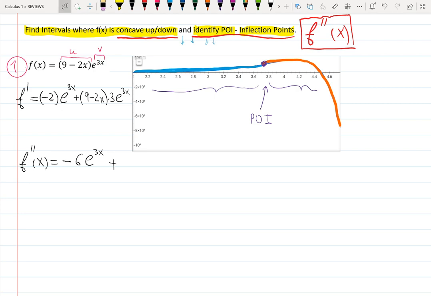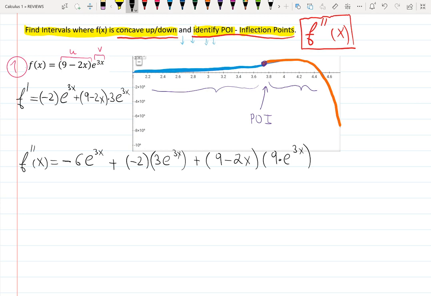For the second part, you need to perform the product rule again. Derivative of 9 minus 2x is again -2. Copy 3 e to the 3x, plus copy 9 minus 2x. What is the derivative of 3 e to the 3x? Exactly, it's 9 e to the 3x because one more 3 popped out and multiplied by 3.